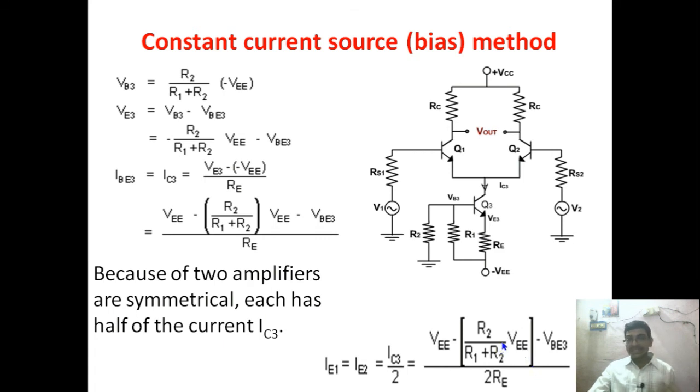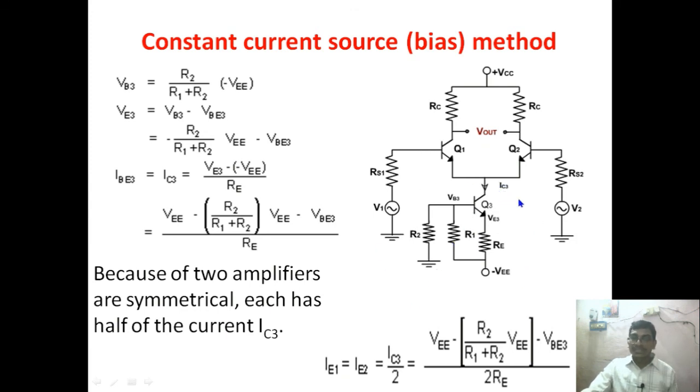In this equation, if we select the biasing voltage VEE as a constant, and all these resistor values and the resistance RE are constant, then we can get a constant current when VBE is a constant voltage. If VBE3 is constant, then definitely IE or IC3 is a constant current.